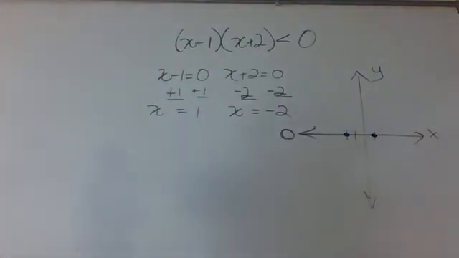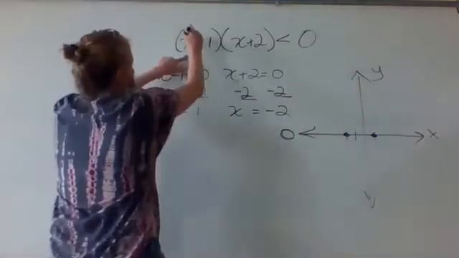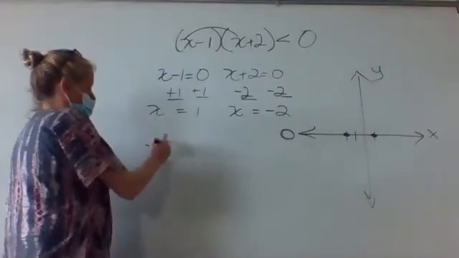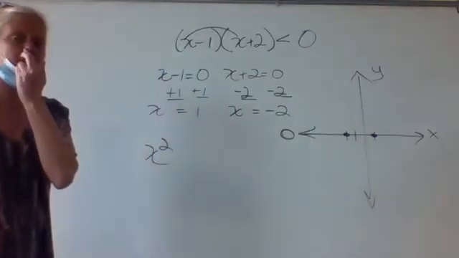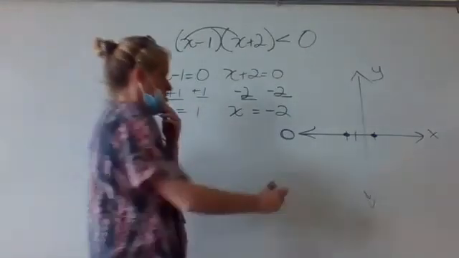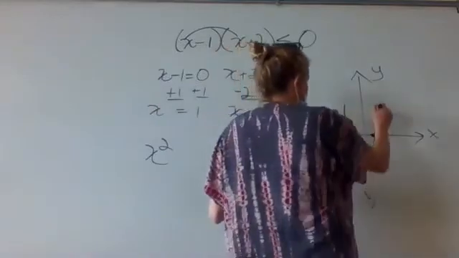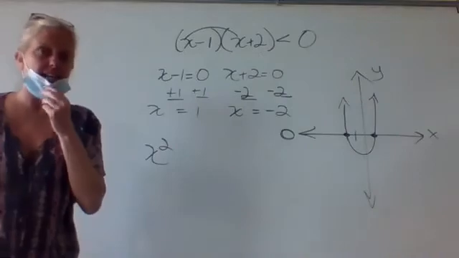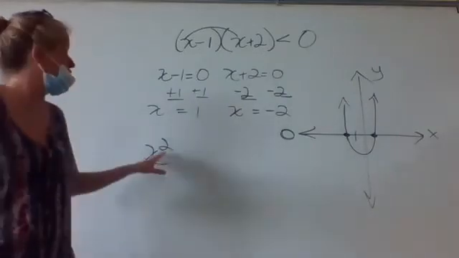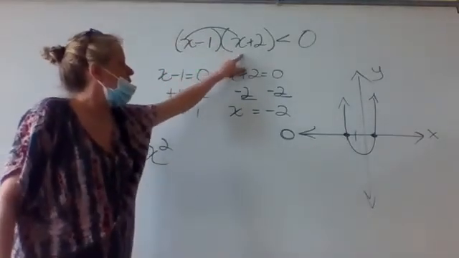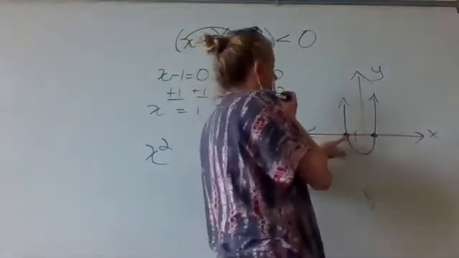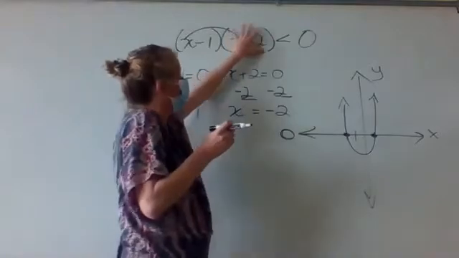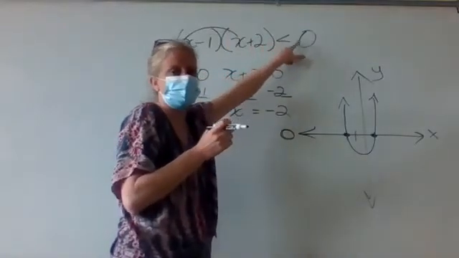What kind of shape is this graph going to be? If I FOILed this, I'm going to get an x squared, right? What shape do x squared graphs make? U's. They make parabolas. So that's what that graph would look like. It's going to be a right side up parabola, since my x squared would be positive, passing through the x-axis at 1 and -2, and it wants to know where this is below, less than 0.